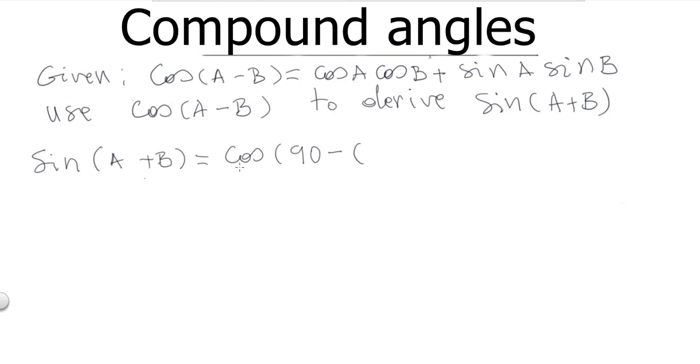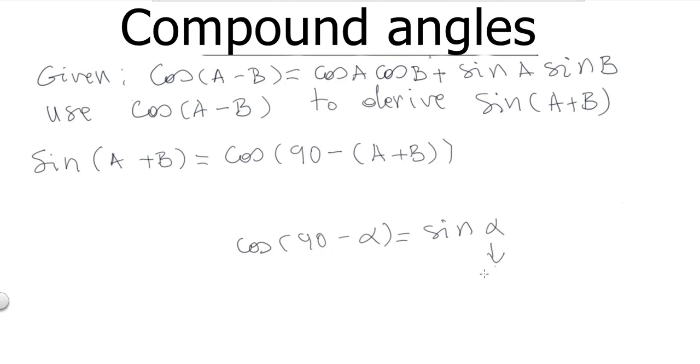What is our theta? It's A plus B. Remember, cos of 90 degrees minus alpha is equal to sin alpha.